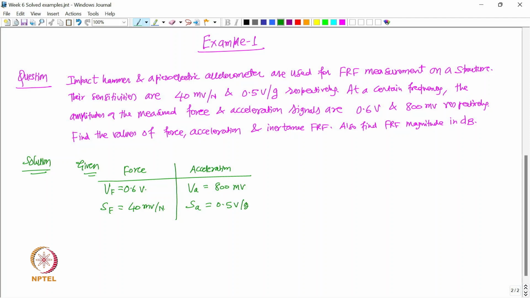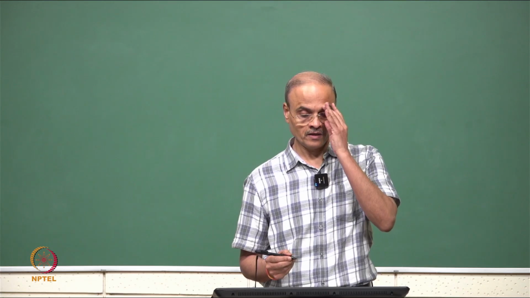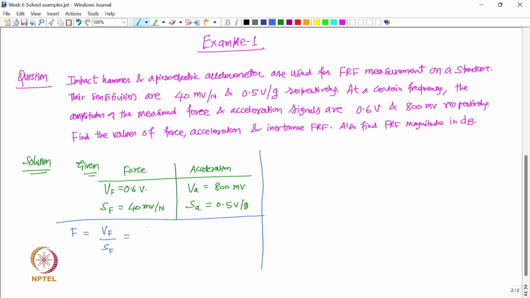So, these quantities are given to us, and now we have to first find out the force. The force F will be equal to the voltage Vf divided by the sensitivity of the force transducer SF, and that will give me the force in newtons. While using these values I must be careful in using the correct units. Voltage is 0.6, so I substitute 0.6 here.